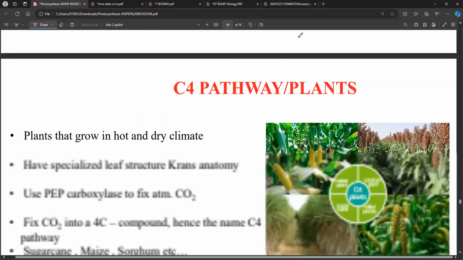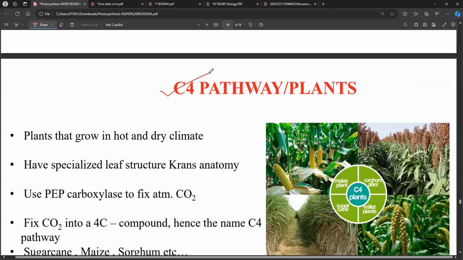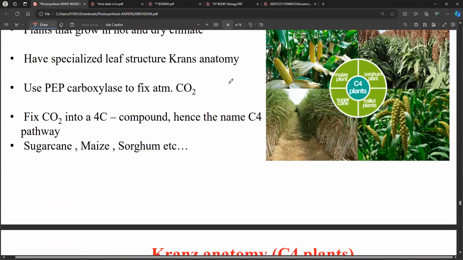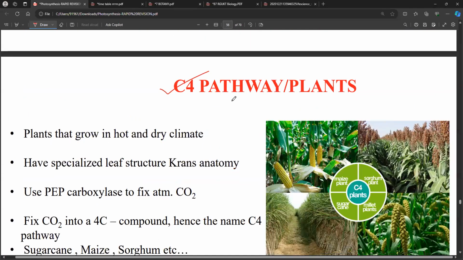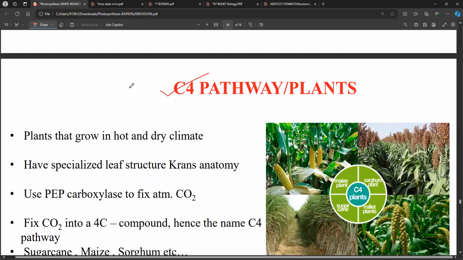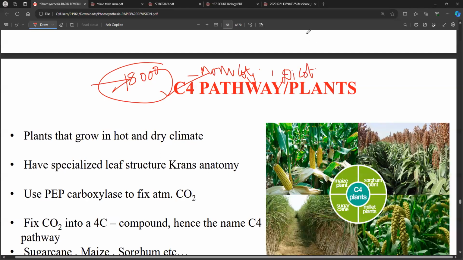And you also know, multiple times the question was asked from the C4 pathway, especially from the Kranz anatomy. Now, what plants come under the C4 pathway? There are more than 18,000 types of angiosperms, especially monocots, that belong to the C4 pathway. I hope all the students remember my example also. Give me the example of a dicot that follows the C4 pathway. Actually, monocots prefer the C4 pathway.